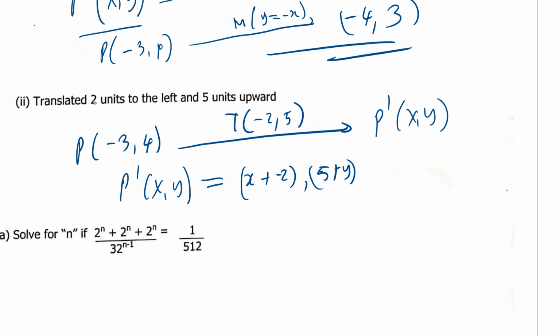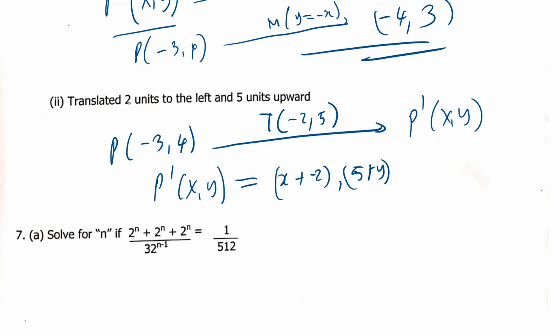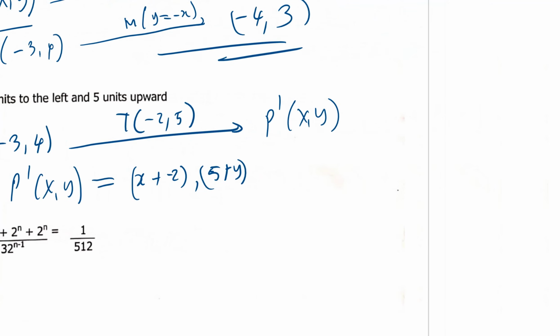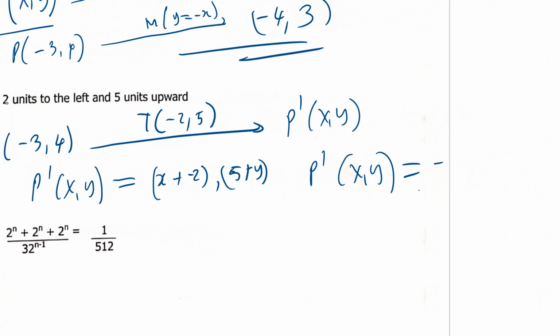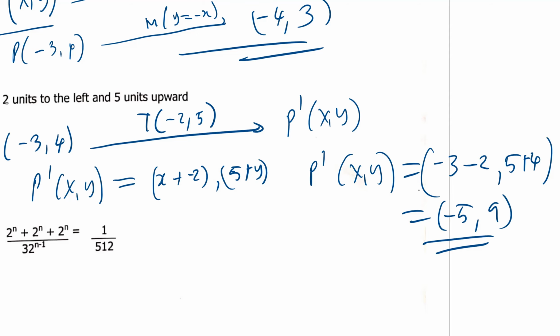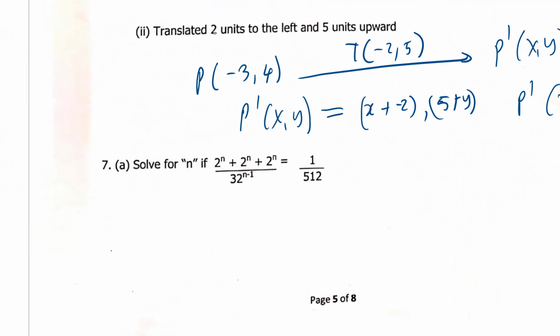So P' will be (negative 3 minus 2, 5 plus 4). The result is (negative 5, 9).